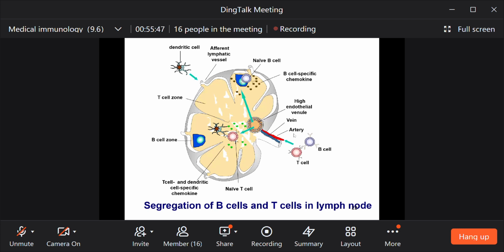T and B cells are relatively well partitioned in the lymph nodes. This shows that B cells and T cells each have a relatively individual place to live.